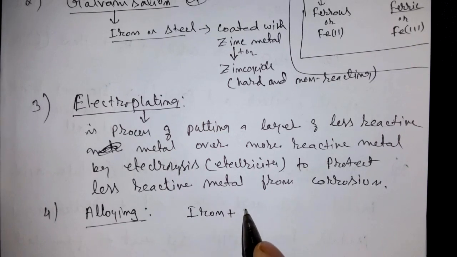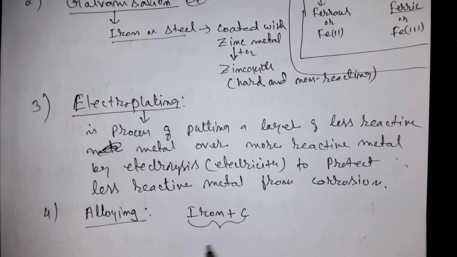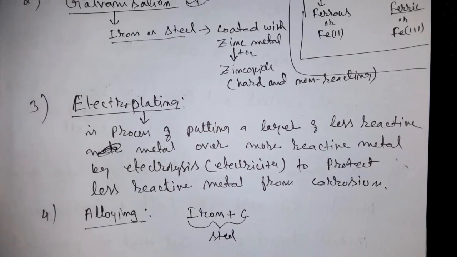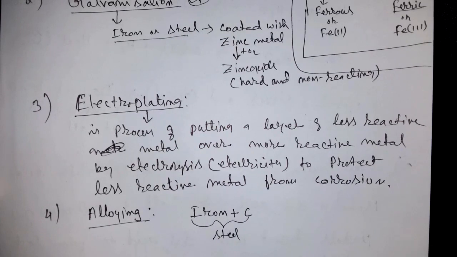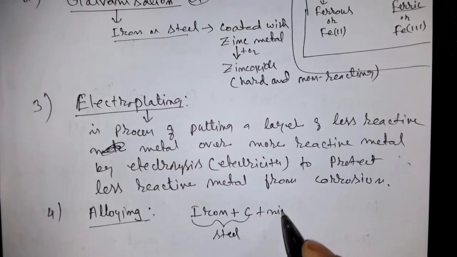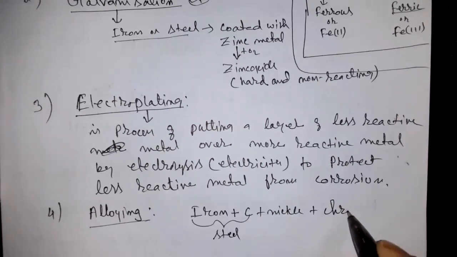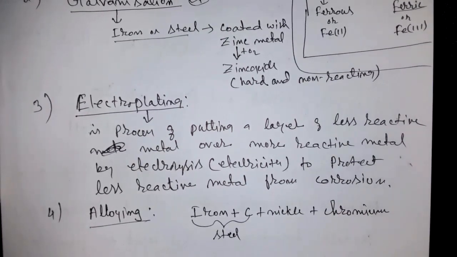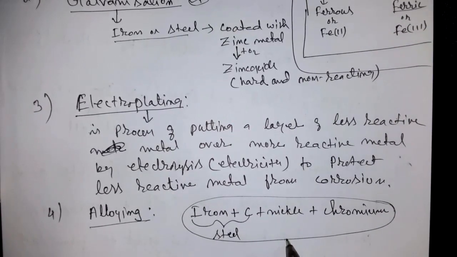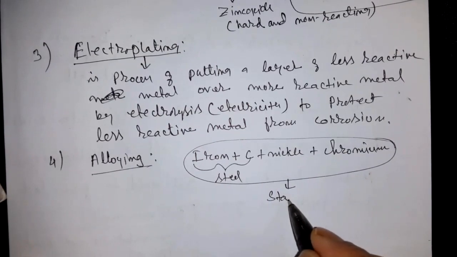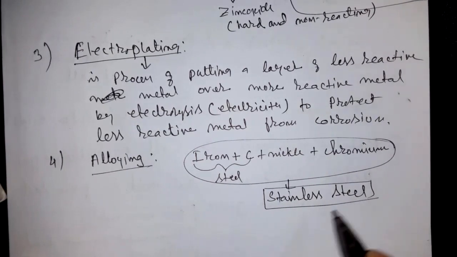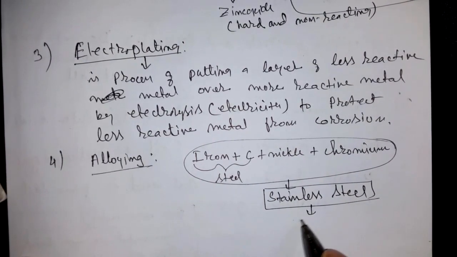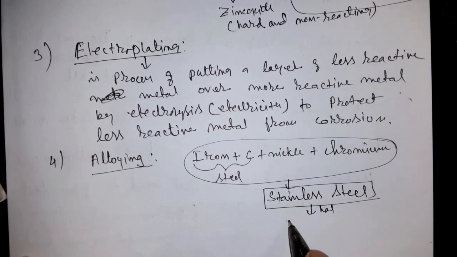In iron, if you mix a little bit of carbon, still it can corrode. But if you mix nickel and chromium, then the whole thing is called stainless steel. And this stainless steel is corrosion resistant. It does not undergo corrosion.